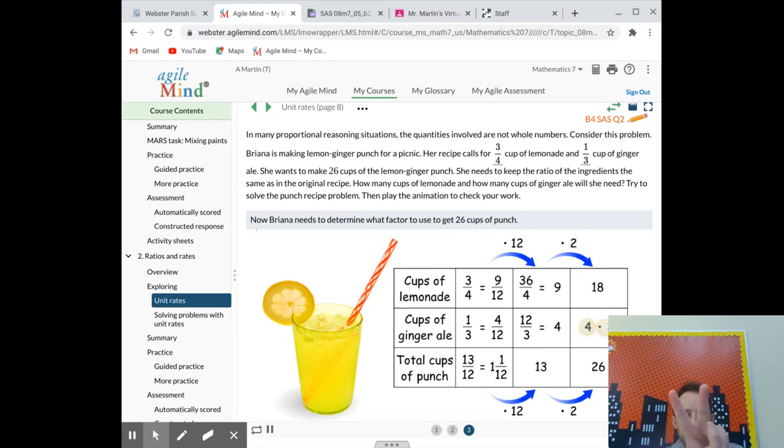What did she just multiply by? 2. Because 13 times 2 is 26. Since 13 times 2 is 26, all she has to do is double the cups of lemonade and double the cups of ginger ale. Perfect. All right.